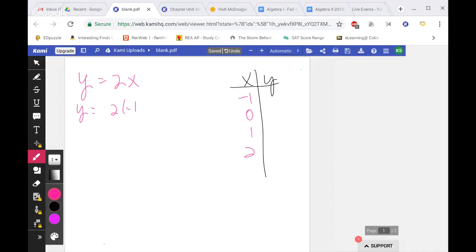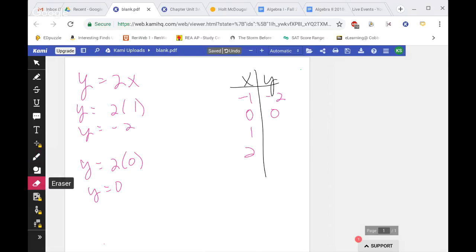So y equals 2 times -1. That's going to be -2. Y equals 2 times 0. So that's going to be y equals 0.